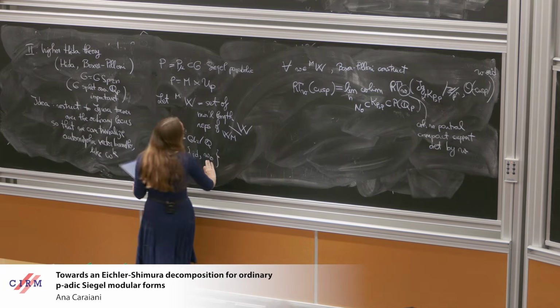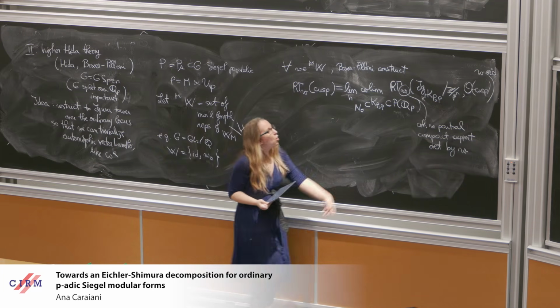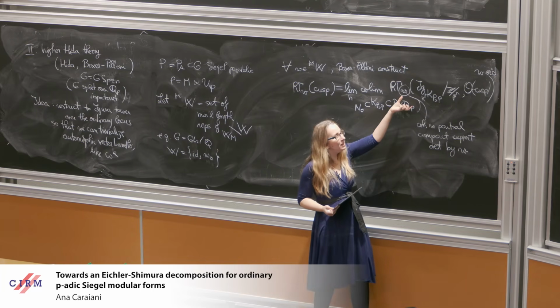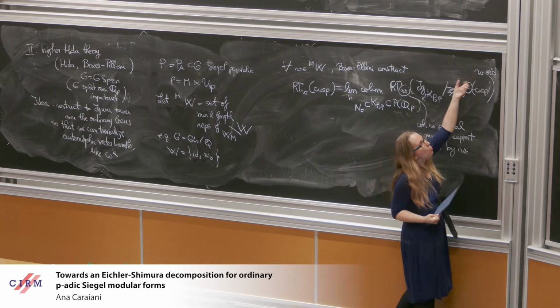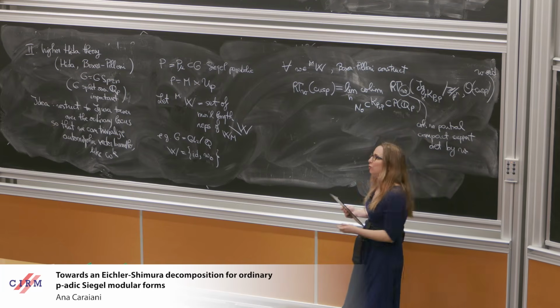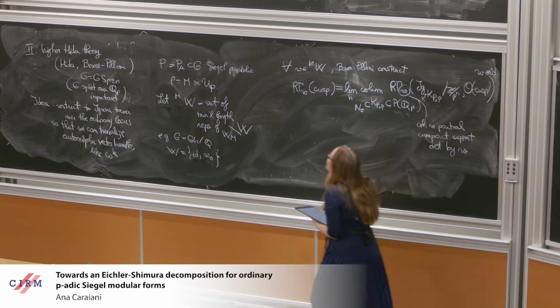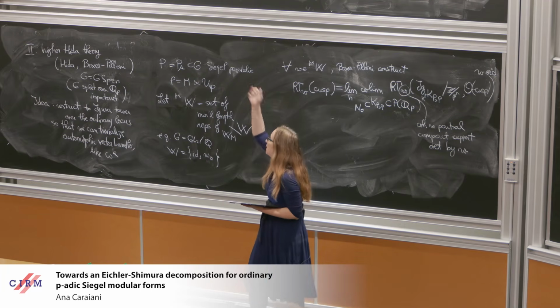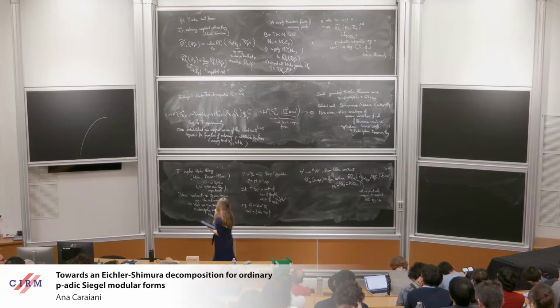But if you look at w0, then you end up taking compactly supported cohomology of the Igusa tower. That's concentrated in degree 1. And then you take ordinary parts with respect to some twist of your usual U_p operator. And so that interpolates this H1 cohomology that you see up there in that short exact sequence.